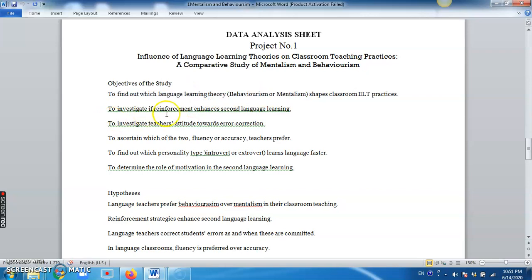Second, to investigate if reinforcement enhances second language learning. The data you gathered through the questionnaire regarding this construct or variable has to be entered, tabulated, interpreted, analyzed and discussed.